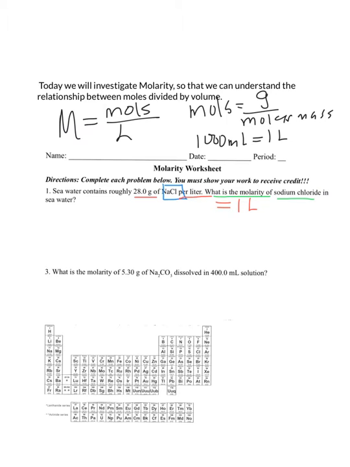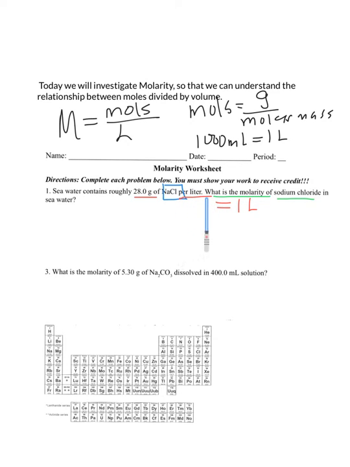All right, so again, I just want to point out, this is the ultimate formula we're trying to fill in numbers for. It's asking us what is the molarity, aka concentration. So we need to solve for M here. We know that it says per liter.